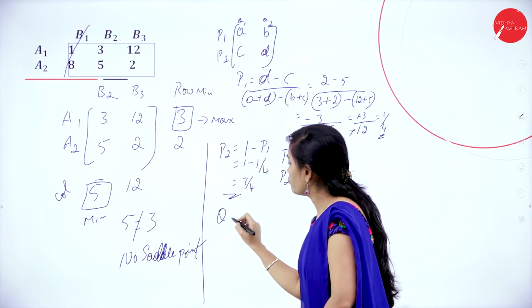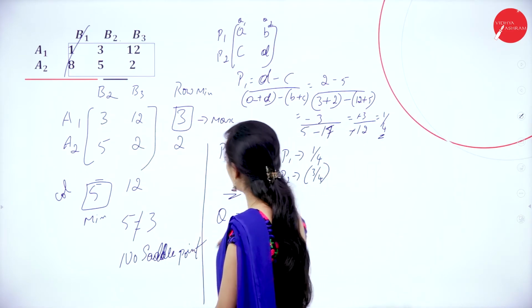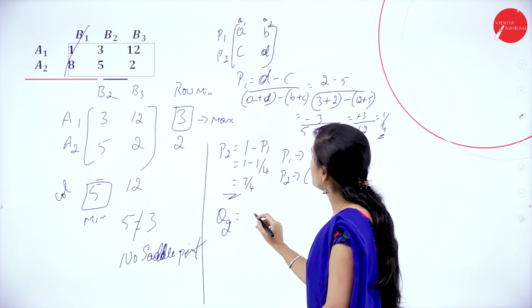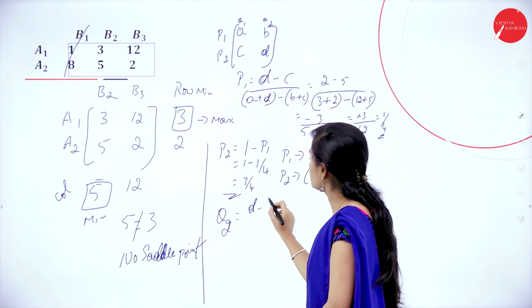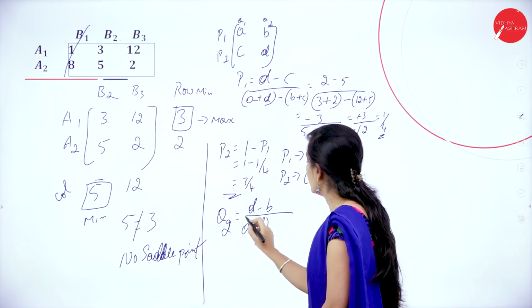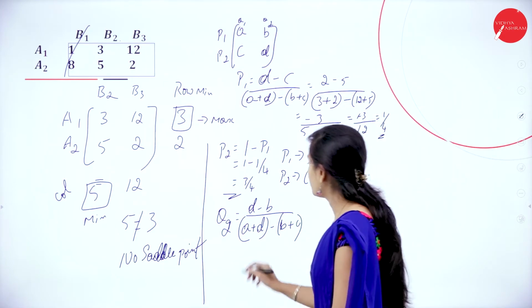Like that you can find Q1. Q1 is not there, so it is Q2. What is the formula? (D minus B) divided by (A plus D minus B plus C). Now substitute the values.